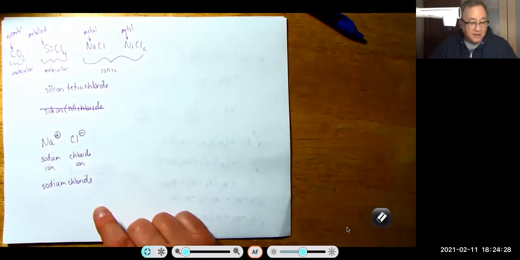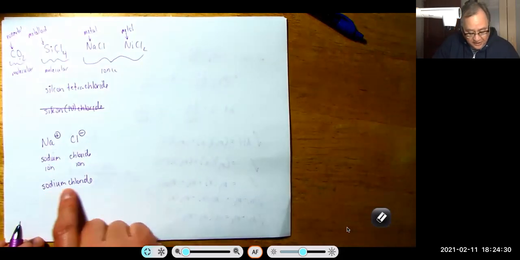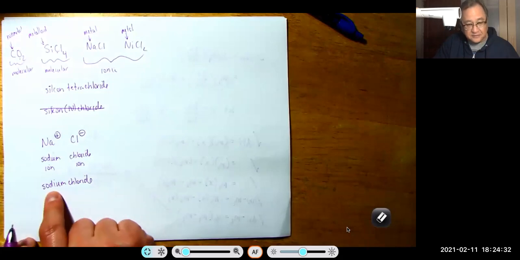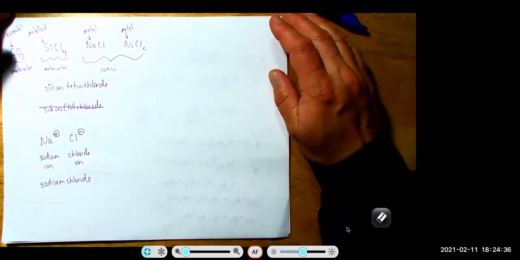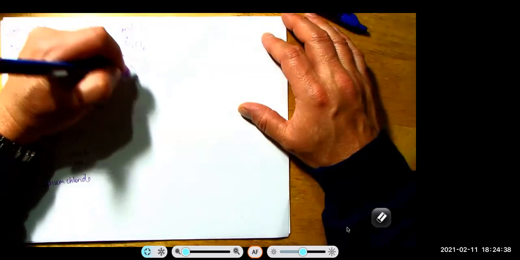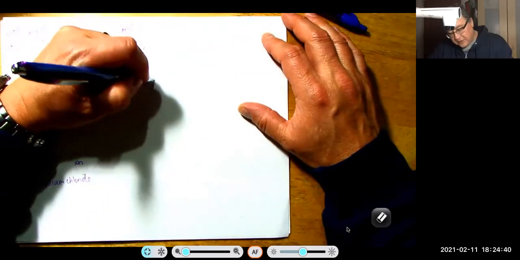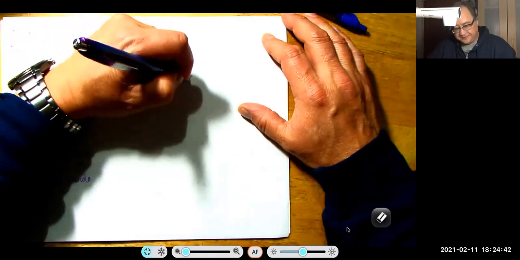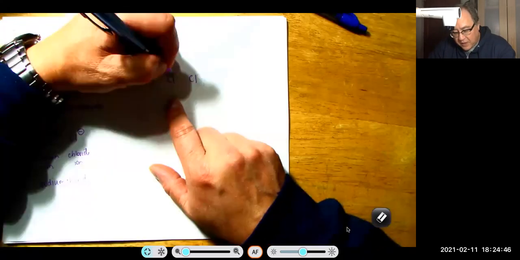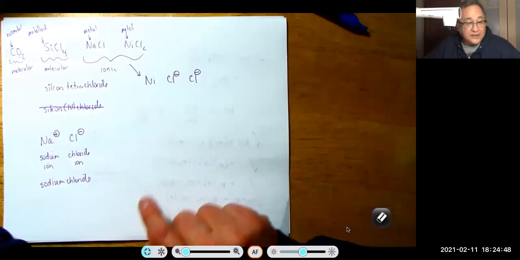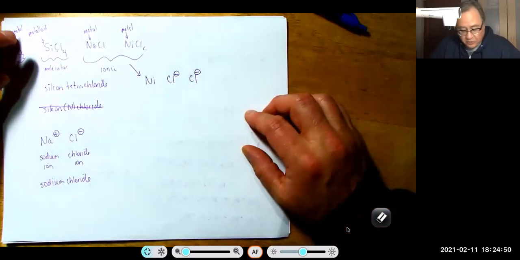And you might say, well, why am I leaving off ion? How do I know this is ionic? And the answer is that's a metal and that's a non-metal. That's how you know it's ionic. For this one, there's one nickel and there are 2 chlorides. Now the chlorides are always -1 in ionic compounds, always. So what's the charge on nickel?